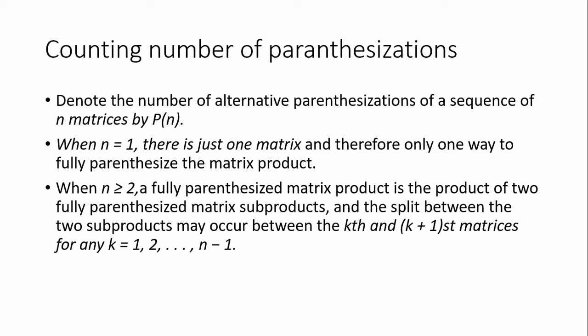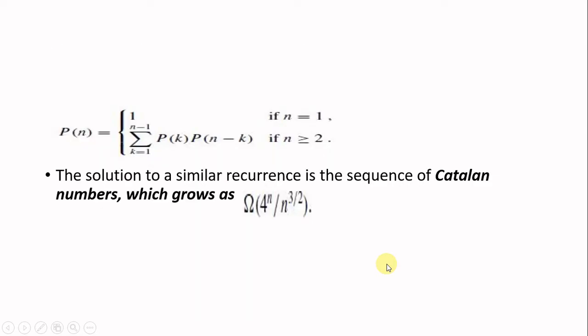So you can define a split at the kth position, which gives you an A1 to Ak subproblem, and the second subproblem is Ak+1 to An, for any k equal to 1 to n minus 1. Now you can define P(n), the number of alternate parenthesizations for a sequence of n matrices.